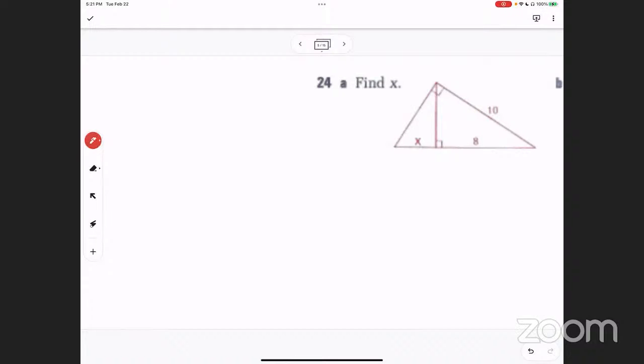Oh, okay, I see what you mean. So what's the equation? D is the geometric mean, D squared equals AC.